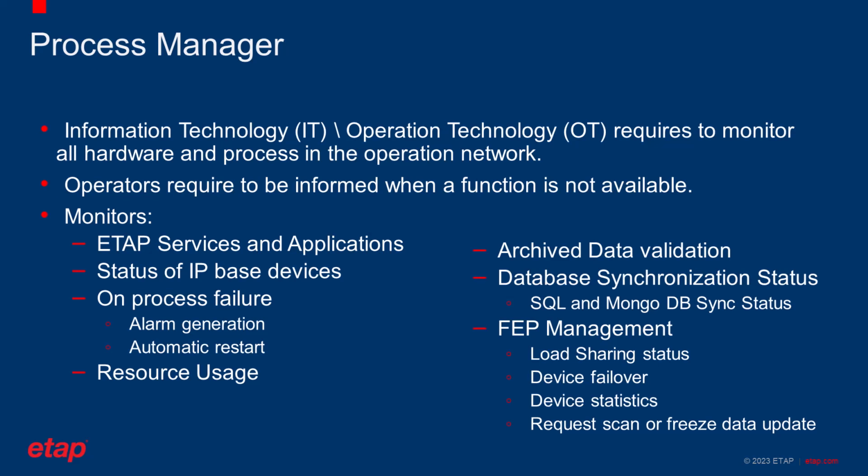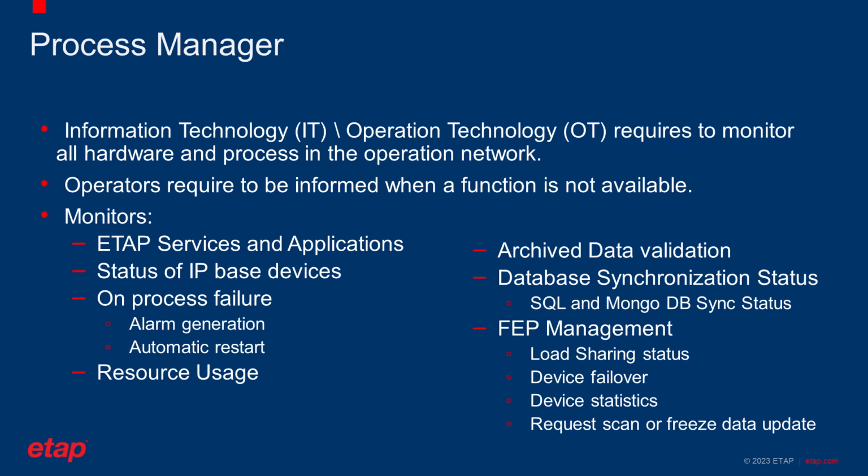Some of the parameters monitored by the Process Manager include ETAP services and applications, status of IP devices, including meters, RTUs. Any process failure, the system will generate alarms when this happens. It also has the capability of auto restarting the application when failed.